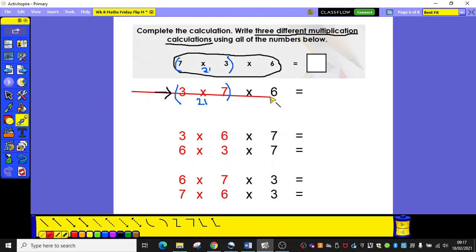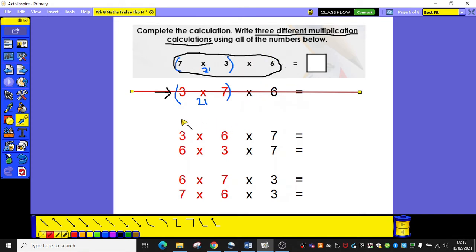So this calculation actually is no different to this one. Okay, by just reversing these 2 numbers, I'm still effectively doing 3 times 7 to begin with. Yeah, 3 times 7 or 7 times 3, whichever way round I want to read it. So a good way, if you've got to rearrange numbers in 3 different orders, is to think, well, once I've multiplied 2 numbers, I'm then multiplying by 6.